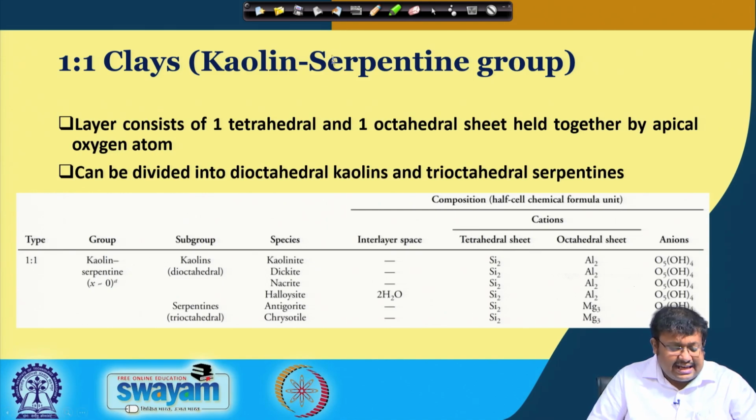As you can see here, the examples are dioctahedral kaolin or kaolinite, dickite, halloysite, and also we can see some trioctahedral kaolin, and their composition, that is half cell chemical formula unit, are also given here.